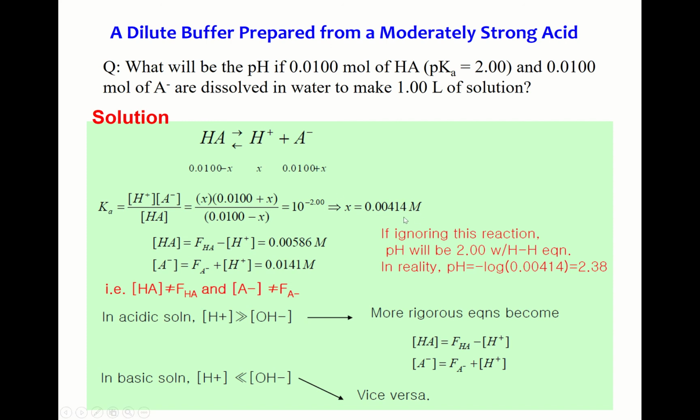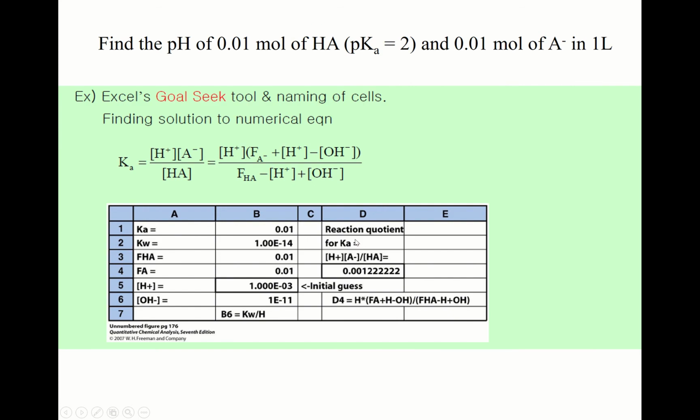That means you don't have to solve this equation. In this case the equation is quite simple, but sometimes it is quite complicated. This way you can very easily calculate the proton concentrations.